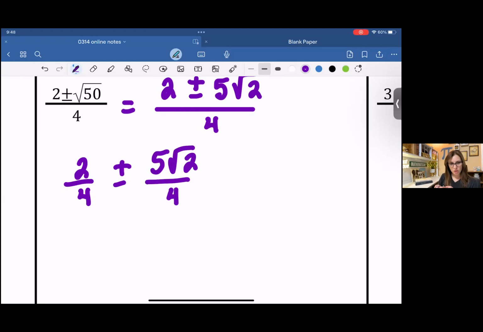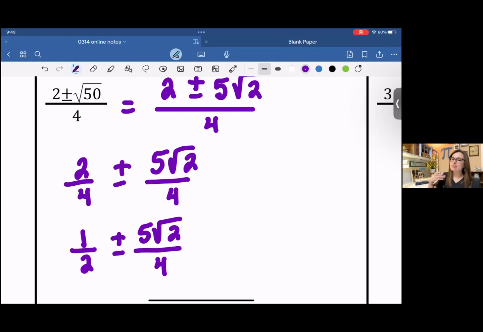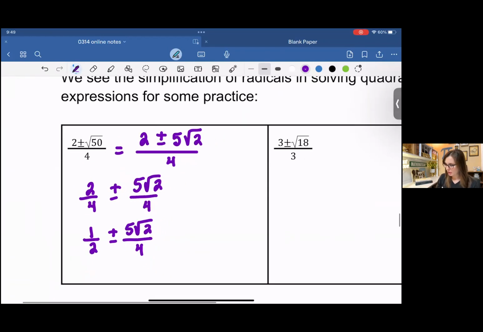They both have that common denominator of 4, and 2 over 4 does reduce. So I've seen that. It is not as common, but I have seen it. So it may ask you to do that, which is fine. So we have 2 solutions here: 1/2 plus 5 root 2 over 4 and 1/2 minus 5 root 2 over 4. So that's how you would simplify that.